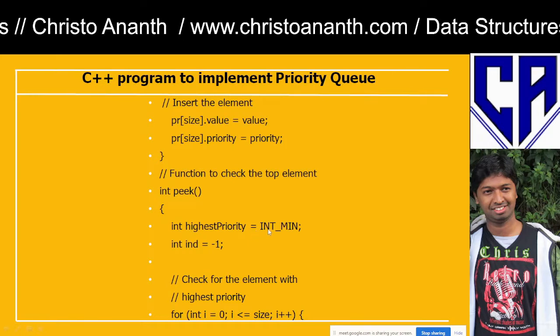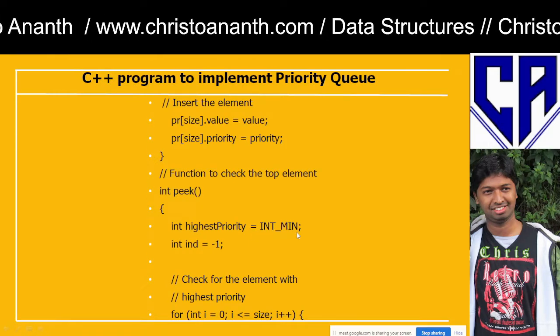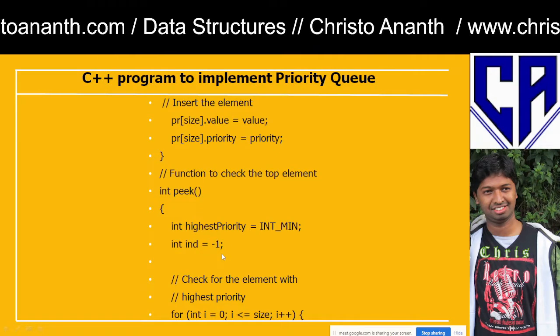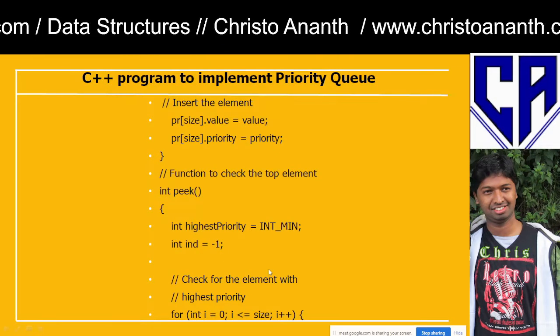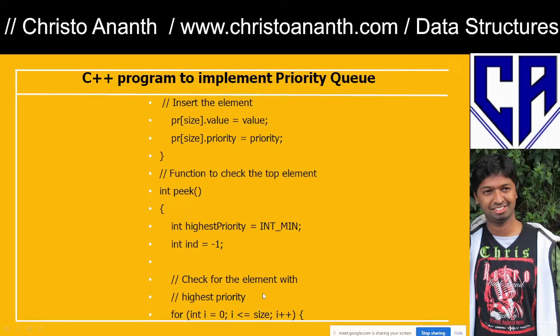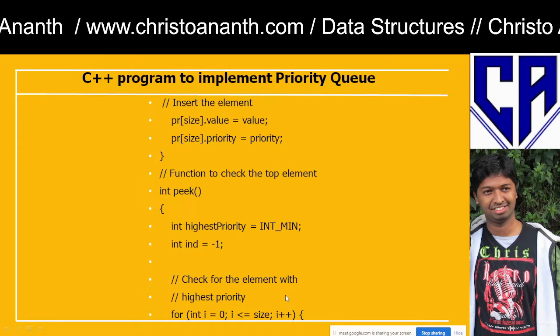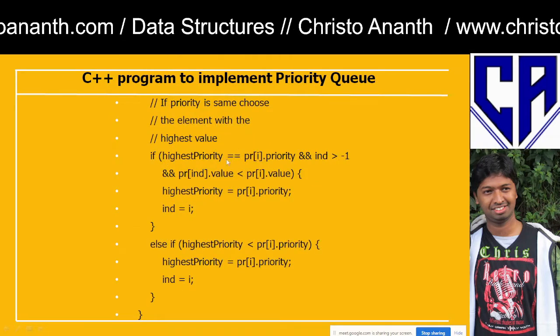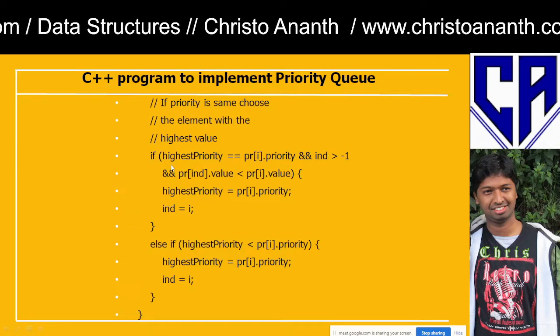Then there is a function to check the top element, the int peek function. Int highestPriority equal to INT_MIN, and int ind equal to -1, and you check for the element with the highest priority. So for int i equal to 0, i less than or equal to size, i++. If the priority is the same, then you choose the element with the higher value, but you do not remove the element.